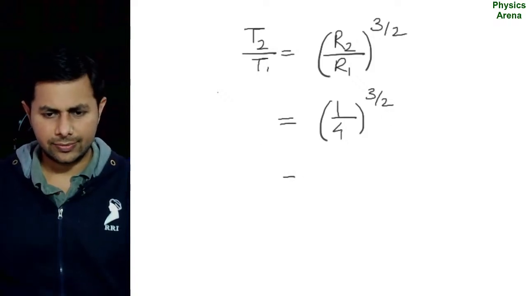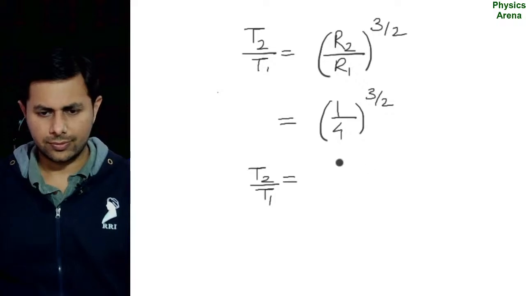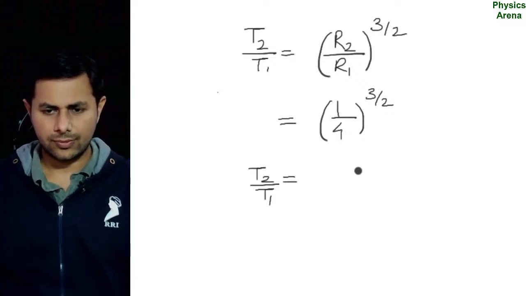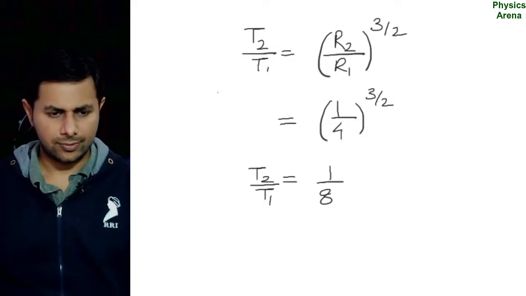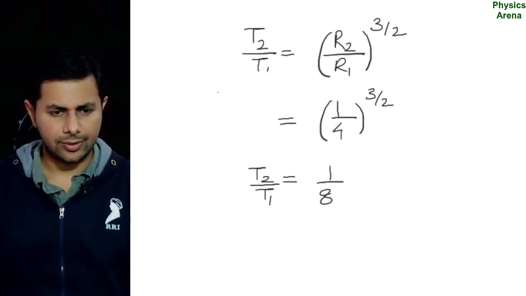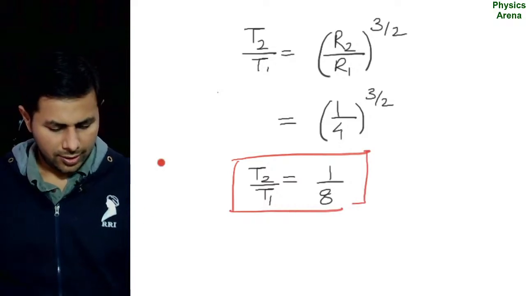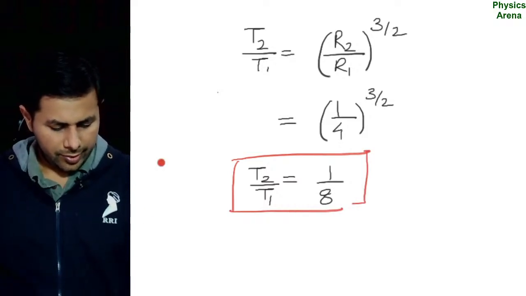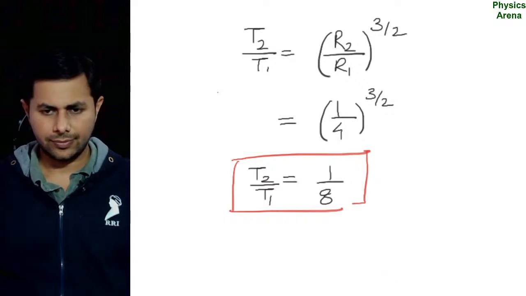So T2 by T1 is 1 over 8. So this is the answer. Is this clear? This is very simple.